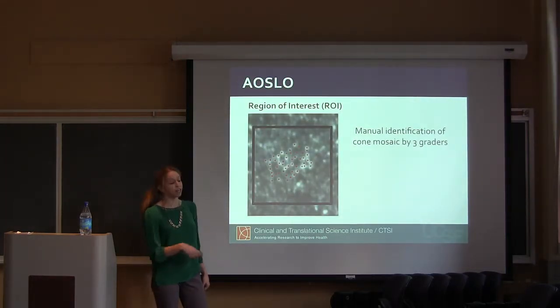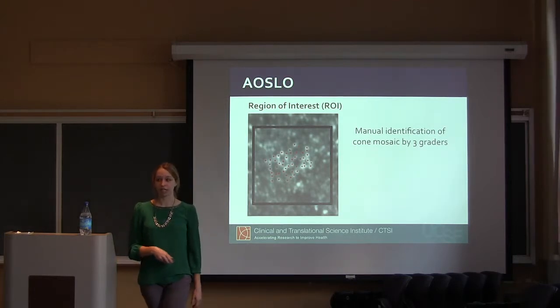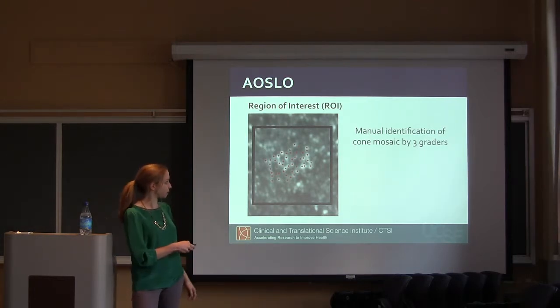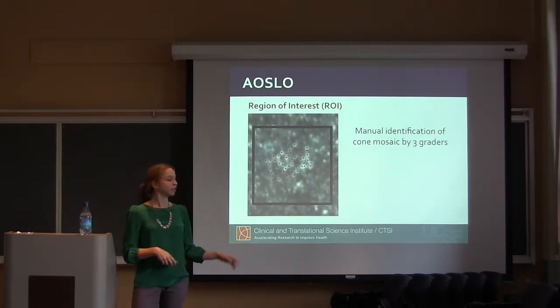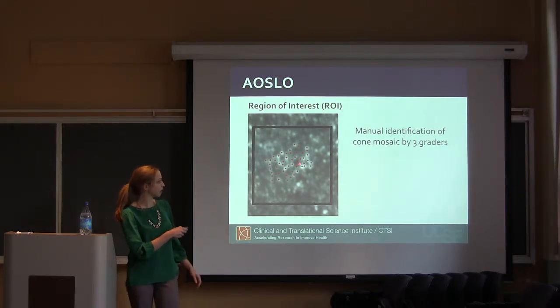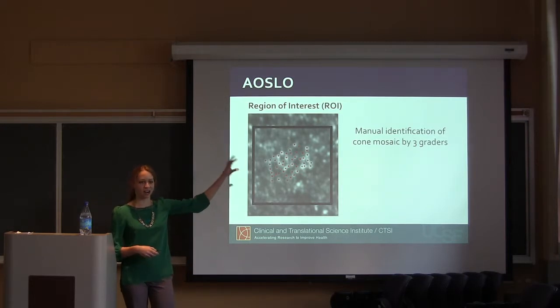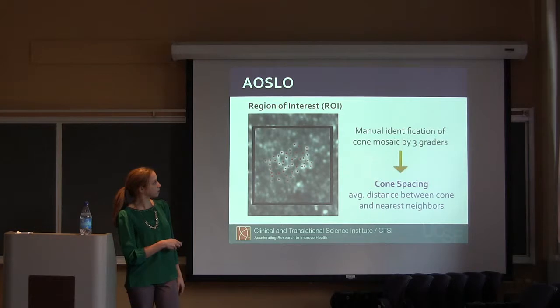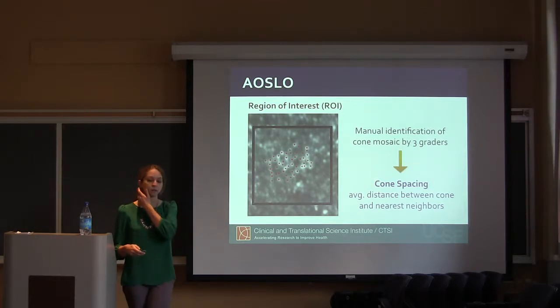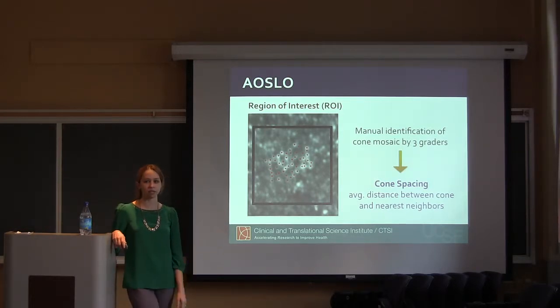Right now we're actually doing data collection looking at these cones. What we do is have 3 people do manual grading of the cones by placing these little crosshairs on each cone profile. What I'm going to explain today is the way that we calculate the cone spacing.